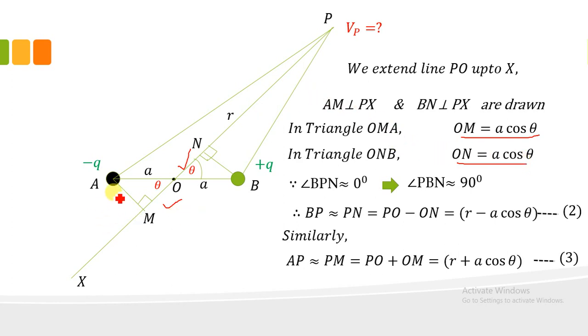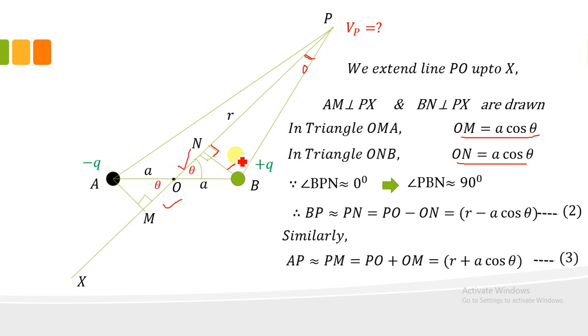Now, since the dipole is separated by a very small distance, the angle at P is very small. It is approximately equal to 0. So in triangle BPN, at N it is 90 degrees, and if the angle at P is around 0 degrees, this is approximately equal to 90 degrees.